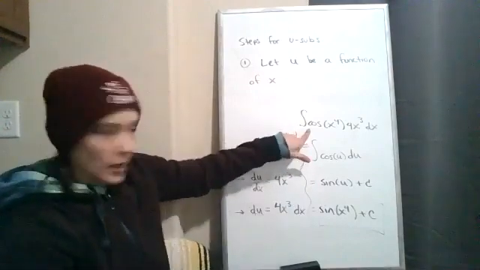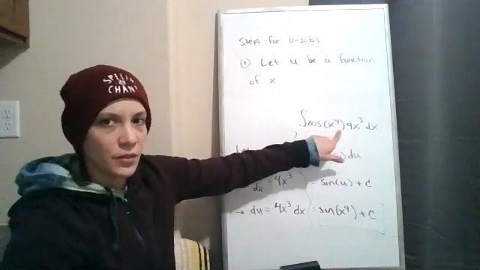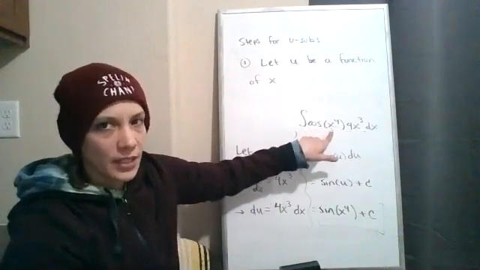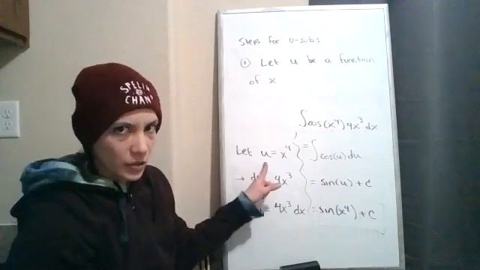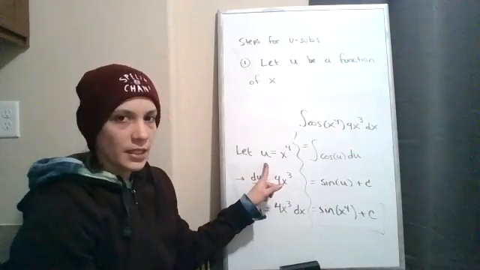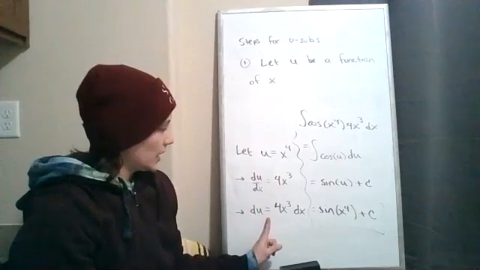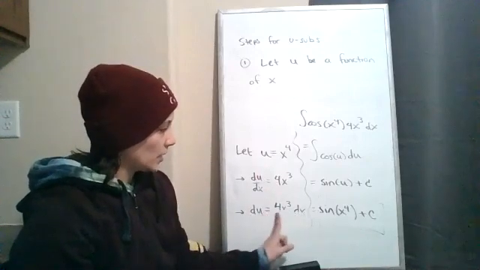So you start with some problem like this: the integral of cosine x to the fourth, 4x cubed dx. You pick a good u. I picked x to the fourth. So I just chose u equals x to the fourth. Took the derivative, isolated du, and replaced du with all of this.